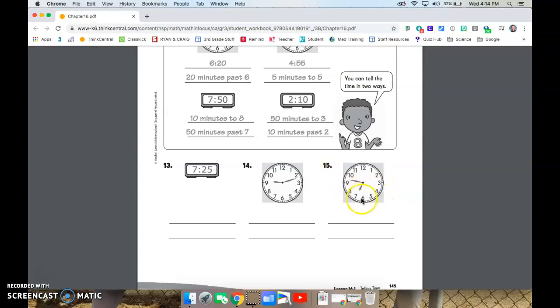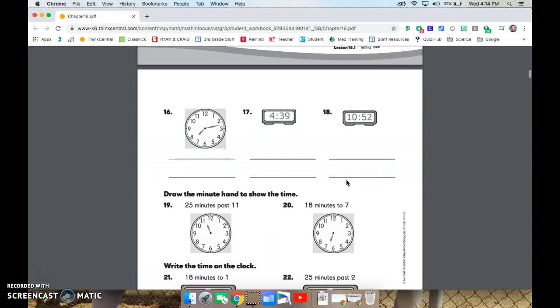Here we go. We have 6, see, 30, 35, 40, 45, 46, 47. So 6:47 in digital time. Let's see, 5, 10, 11, 12, 13 minutes to 7. Would be another way to put that.